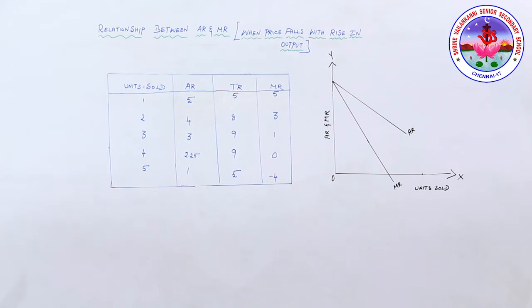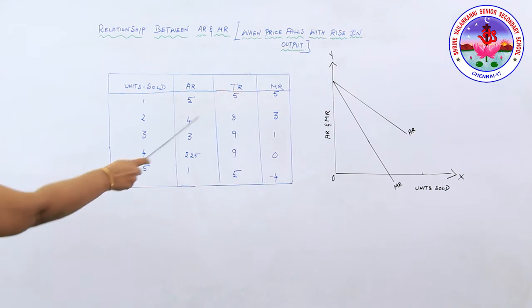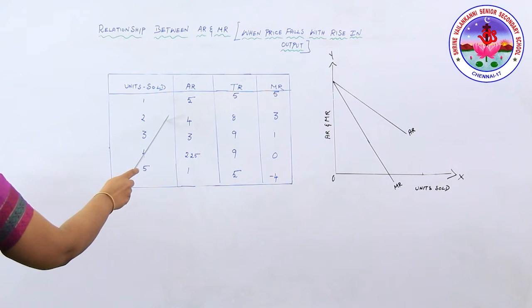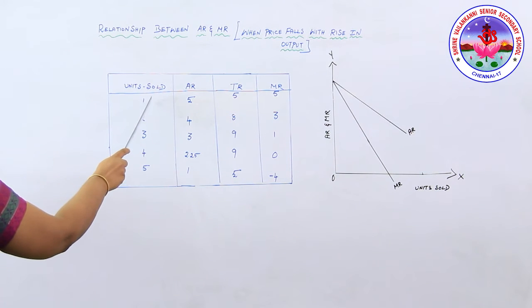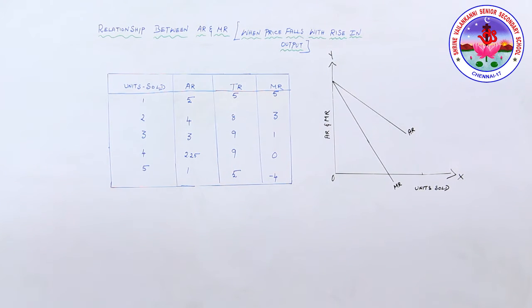Now, this relationship can be understood with the table as well as with the figure. In this table, the first column denotes units sold, the second column is average revenue, the third column is total revenue, and the fourth one is marginal revenue. See, both marginal revenue and average revenue fall with increases in output.